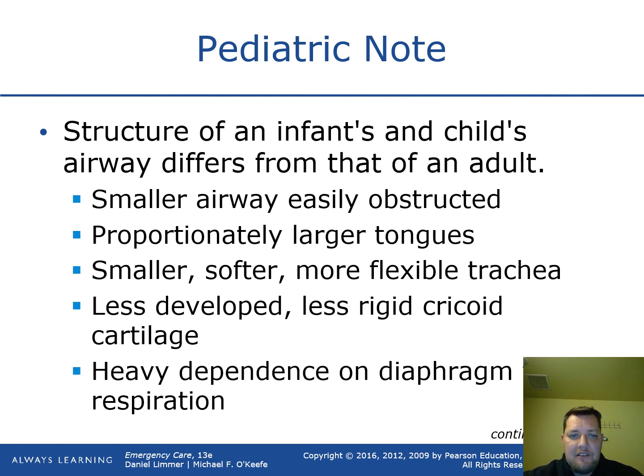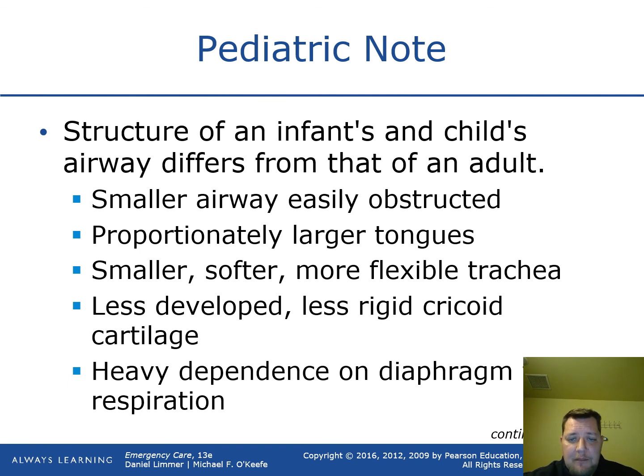So on a pediatric note, the structure of an infant's and child's airway differs from that of an adult, which we've talked about previously. So the big things is that the airway is smaller. They have a larger tongue than we do proportionally. They have a softer, smaller, more flexible trachea.